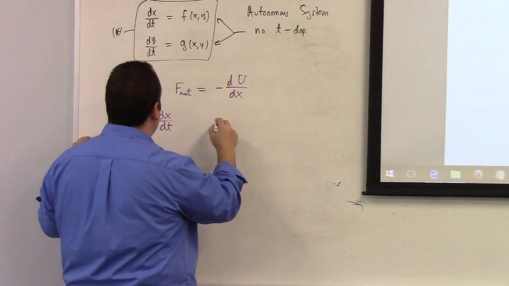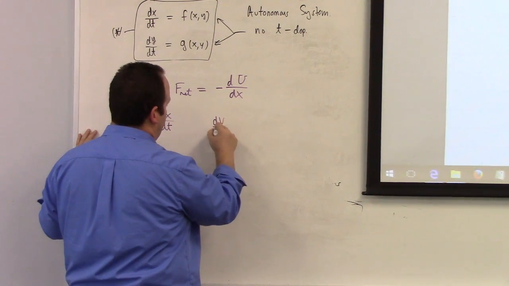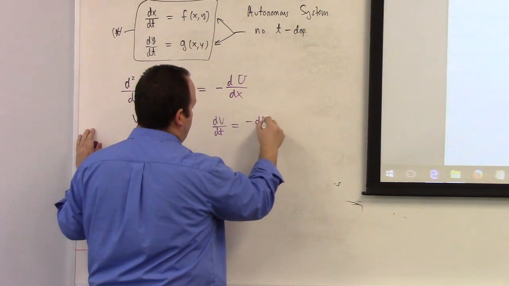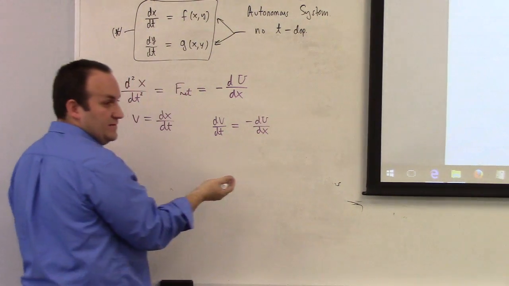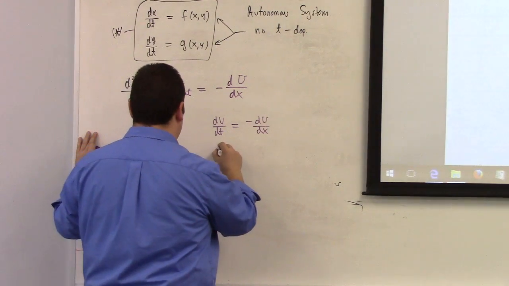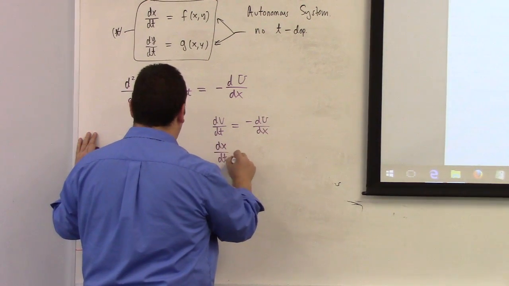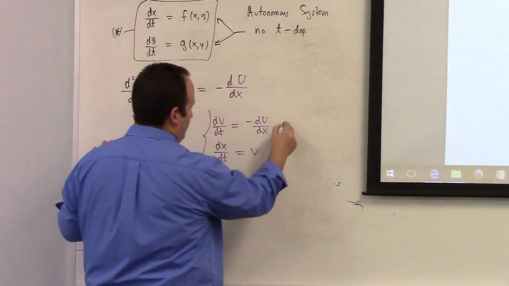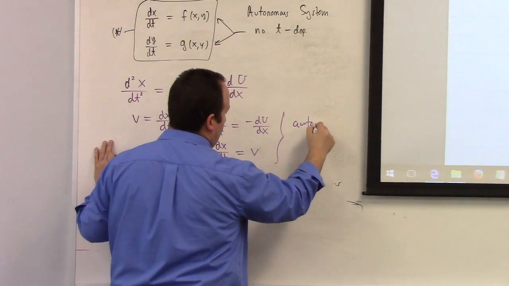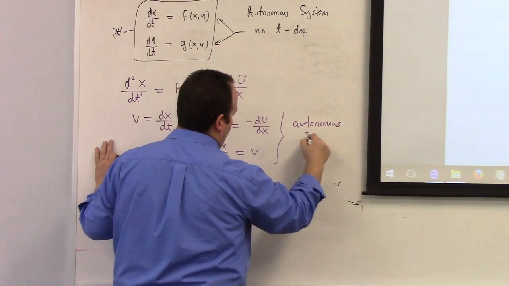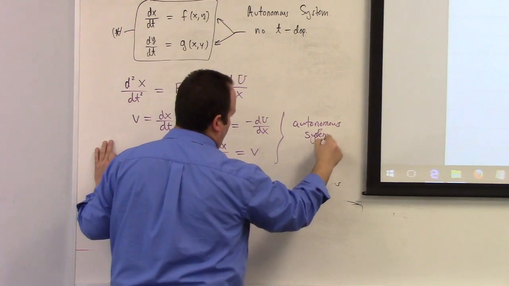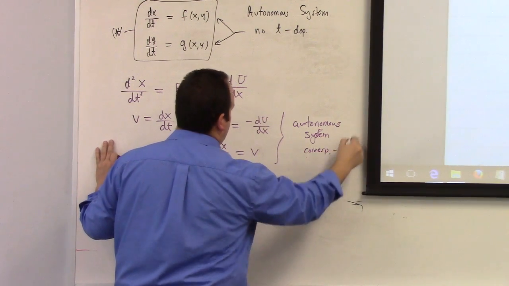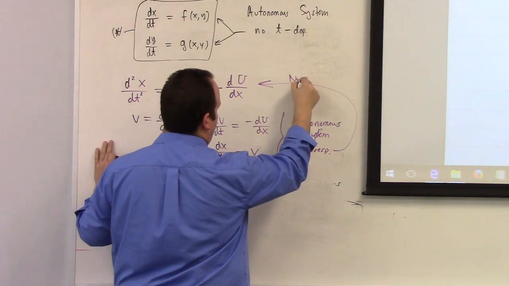You have on the one hand dv dt equals minus dU dx, where U is the potential energy. You also have that dx dt is equal to v, right? So this is the autonomous system that corresponds to Newton's equation.